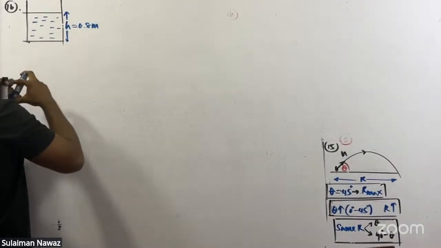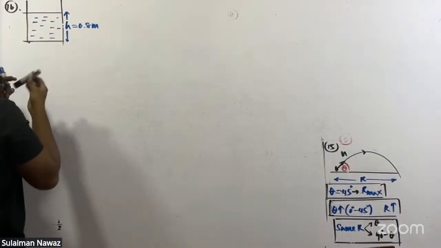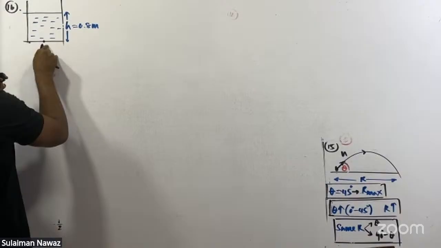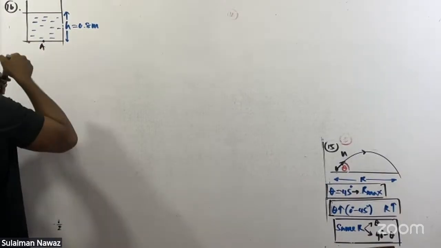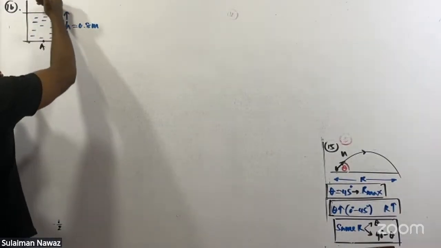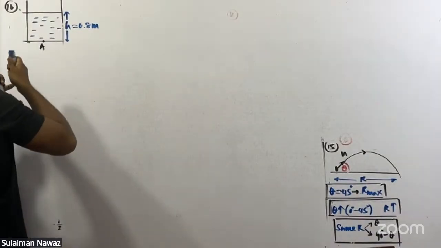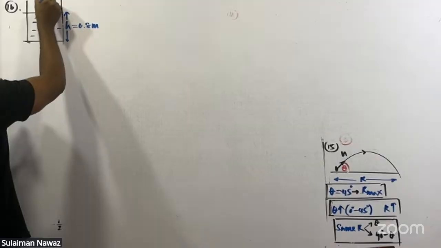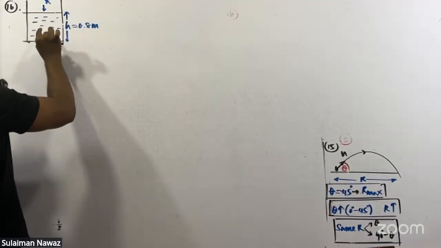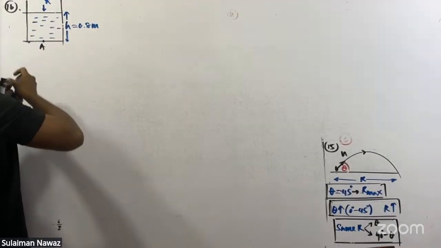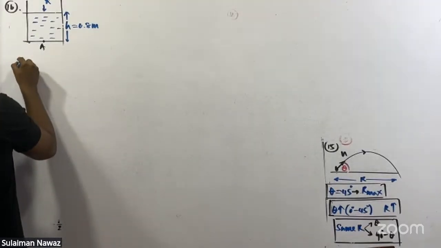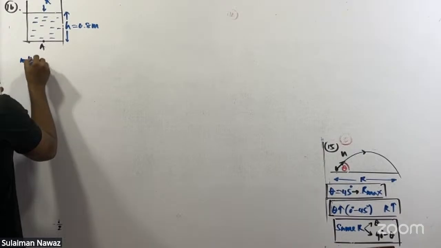I want to find the total pressure at a point at the bottom. It's a point capital E. We know that above the water there is atmospheric pressure. Atmospheric pressure is, let's say, P1. They have given atmospheric pressure is 10 water meters. How do you convert water meters into pascals?